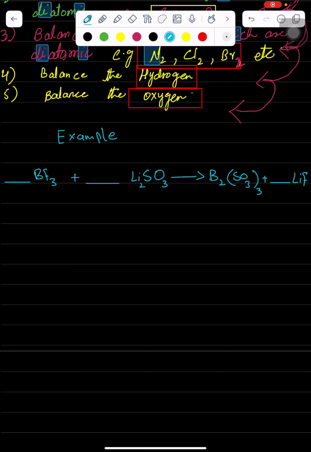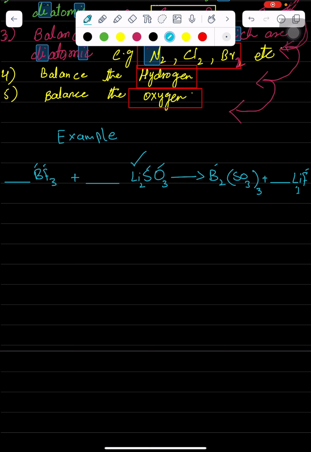Now the first thing to follow is to find out whether there is any metal. The rest are non-metals, so we have a metal, lithium, over here. First balance this. Here there are two lithium, whereas on the product side there is only one lithium.